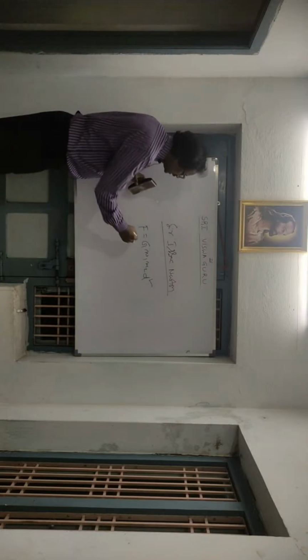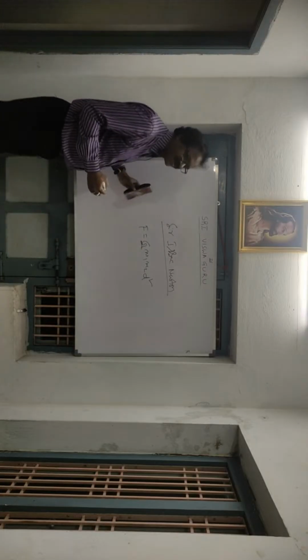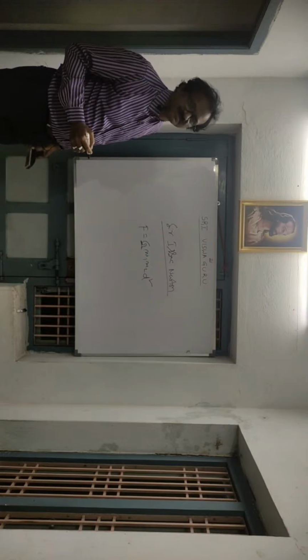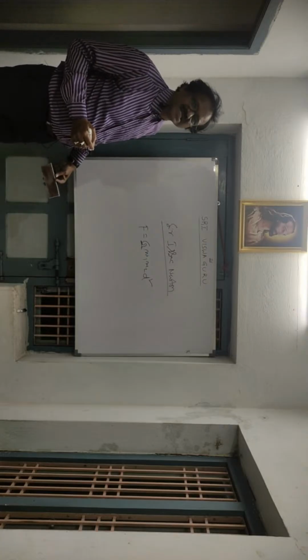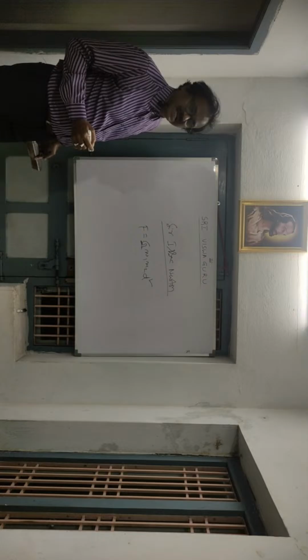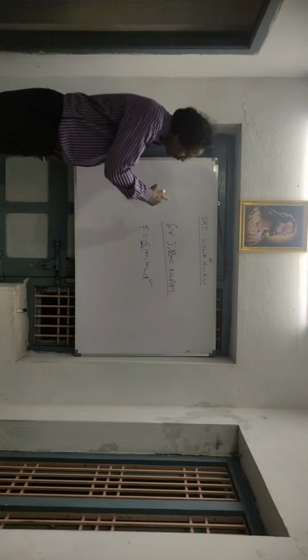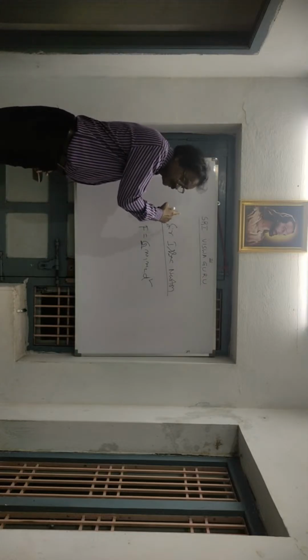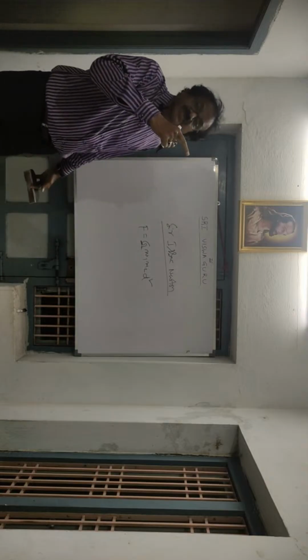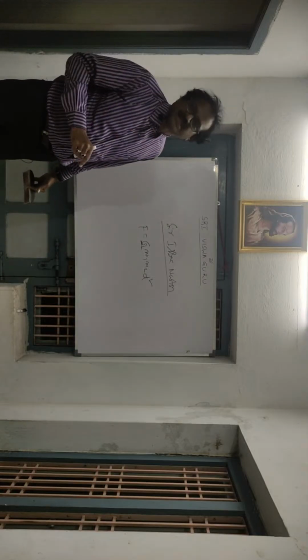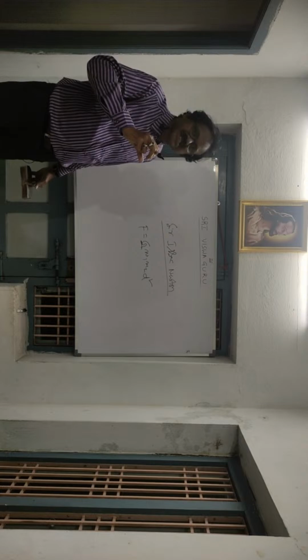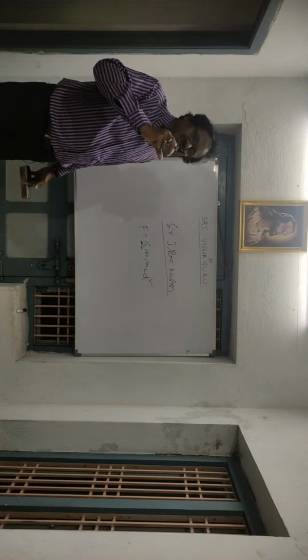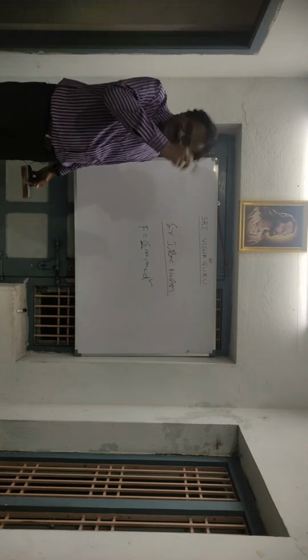Here, what is G? G is the gravitational constant. Earlier we said G is equal to 9.8 meters per second square, which is the average attraction value of gravity.